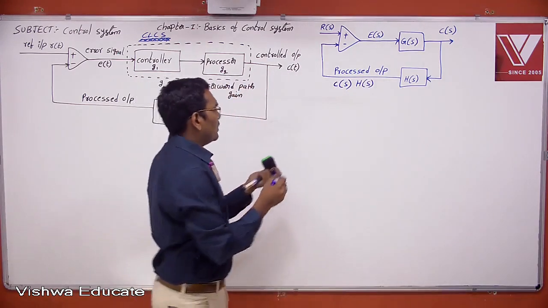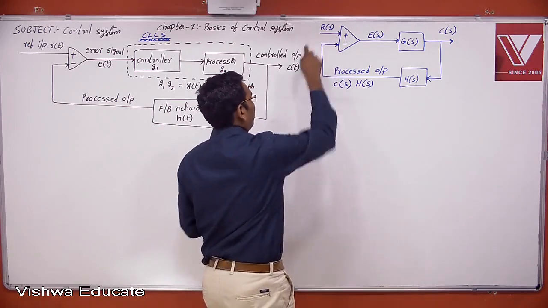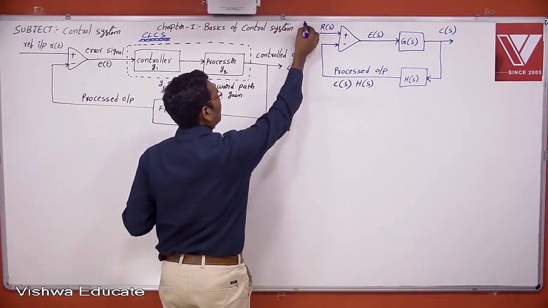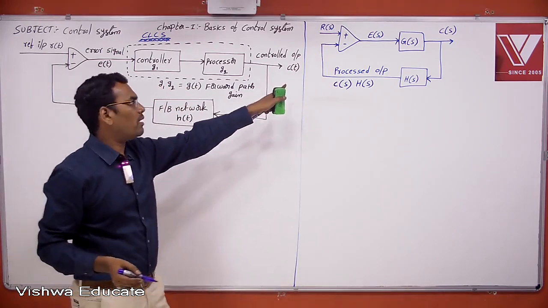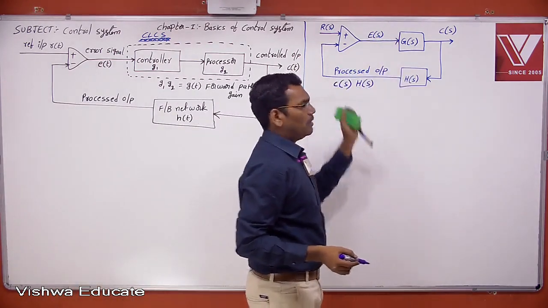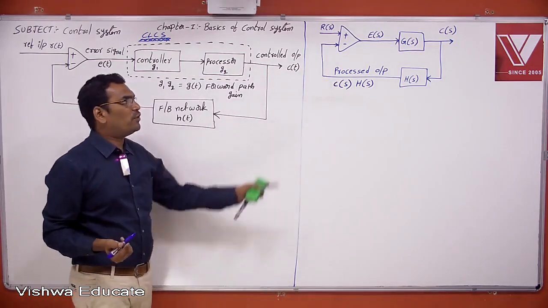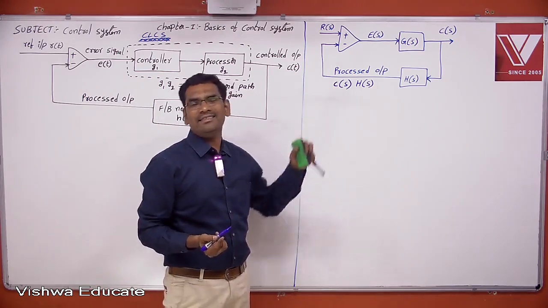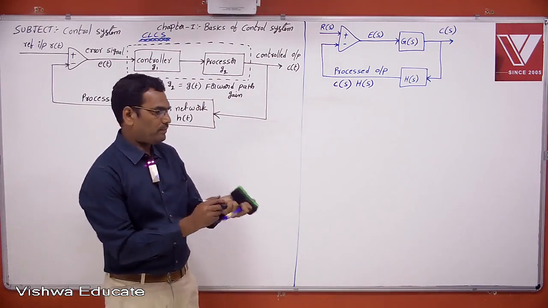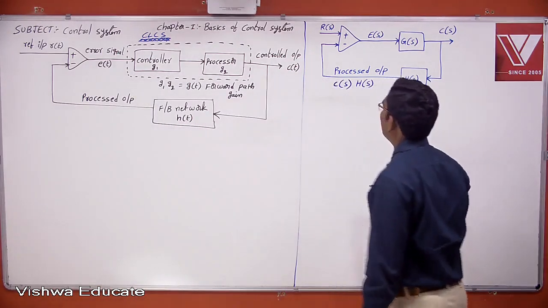Now, see here, this is the mathematical equivalent model of closed loop control system. Once you have the closed loop control system mathematical equivalent model, you can easily find the transfer function.